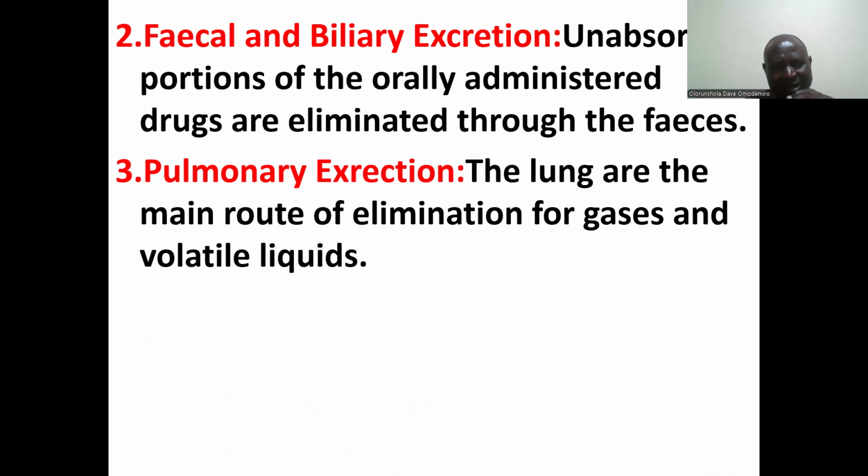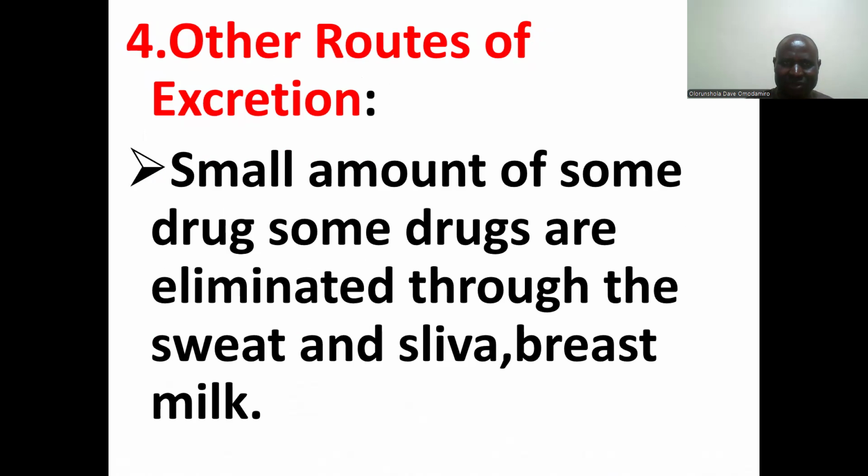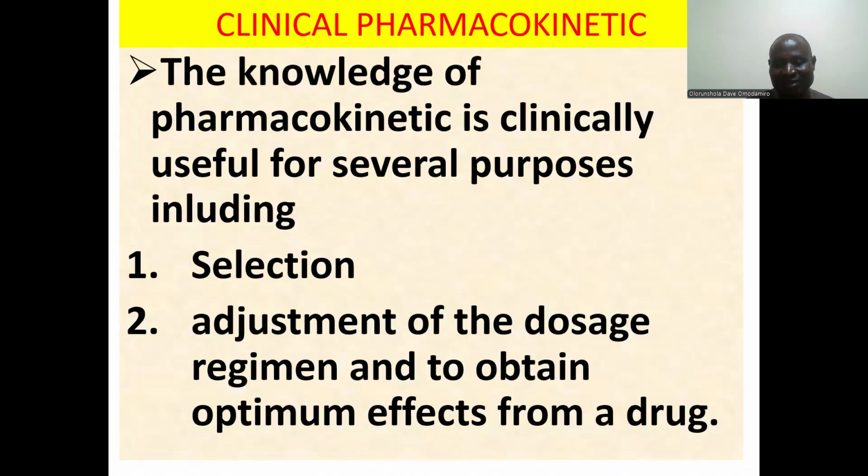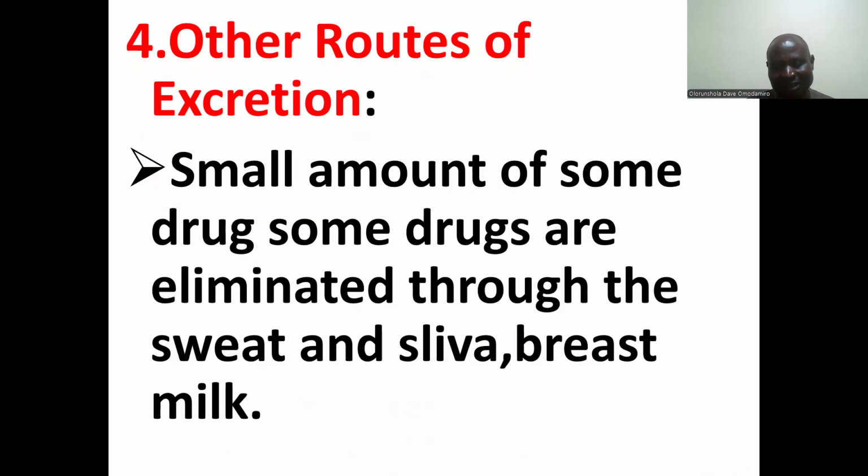The lungs are the main route of elimination for gaseous and volatile drugs. When people take certain drugs, as they exhale, you begin to perceive the odor of the drug. Also, as I said earlier, some small amounts of drug are eliminated through sweat, saliva, and breast milk.